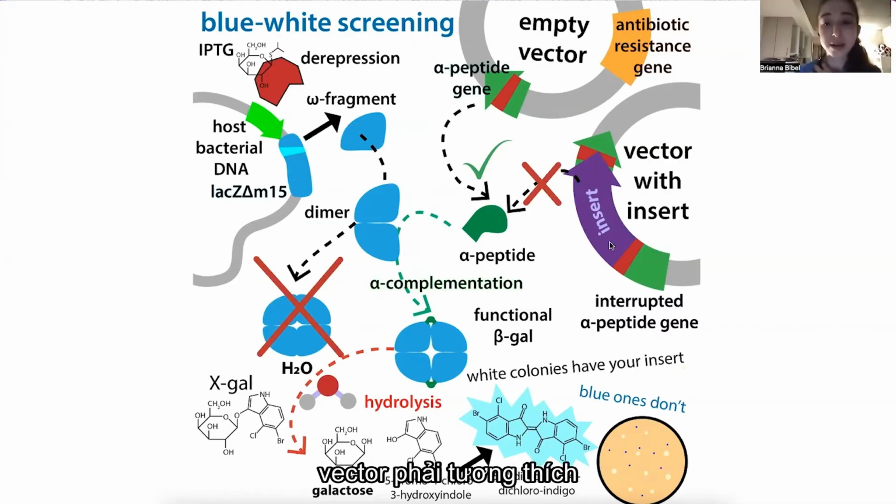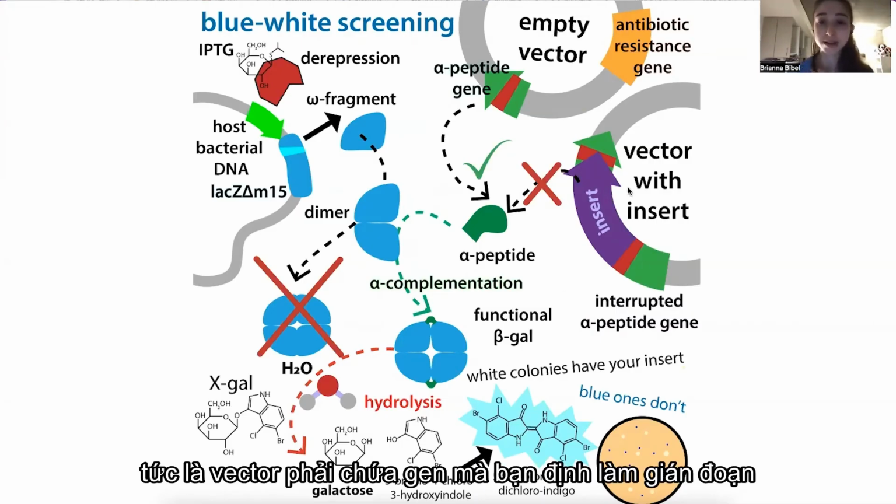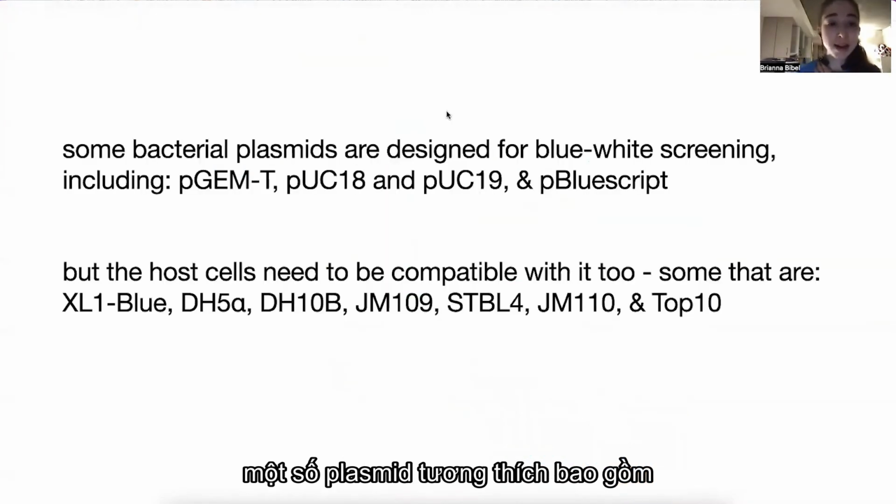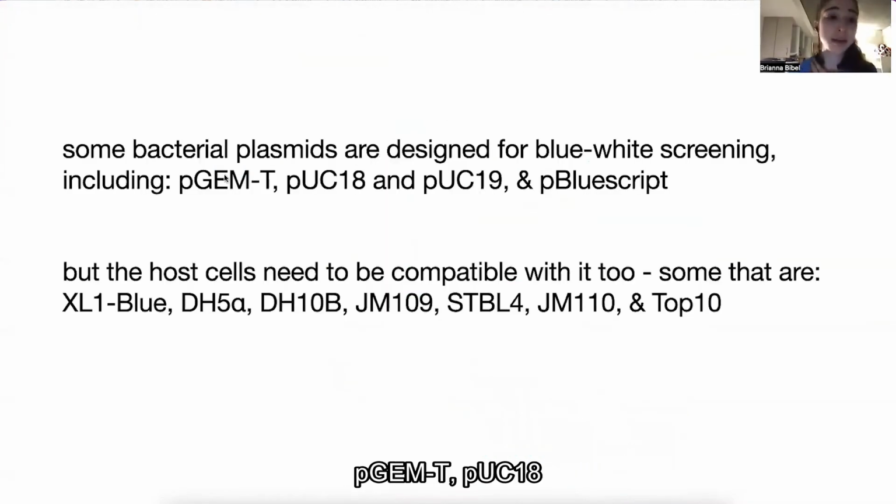But in order to do this, you have to have a vector that's compatible with this. Your vector has to have that gene that you're going to interrupt. Some of the plasmids that are compatible with this include pGEM-T, pUC18, pUC19, and pBluescript.